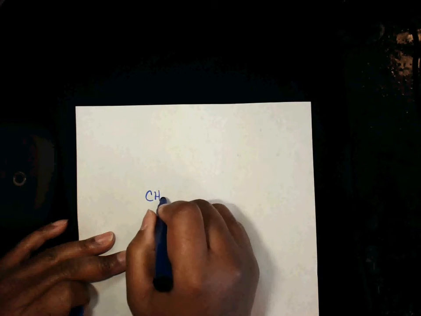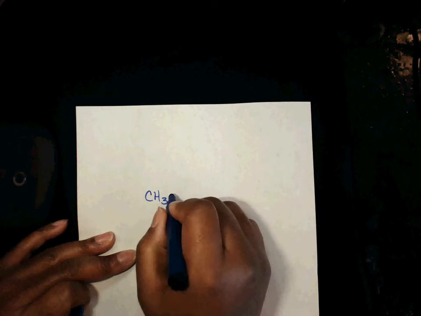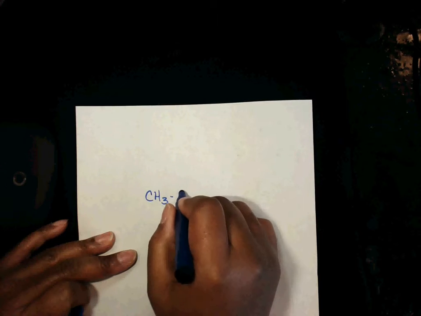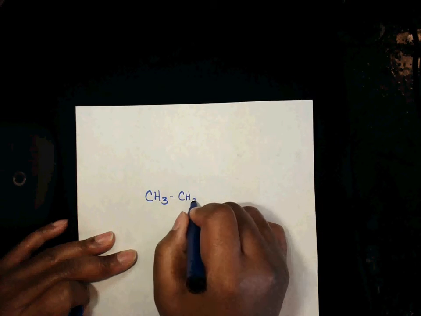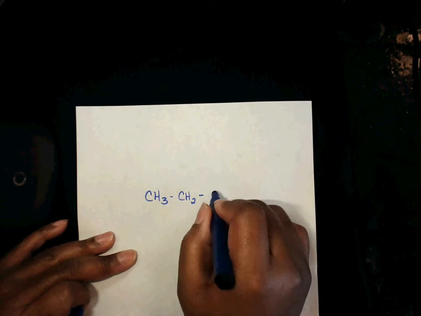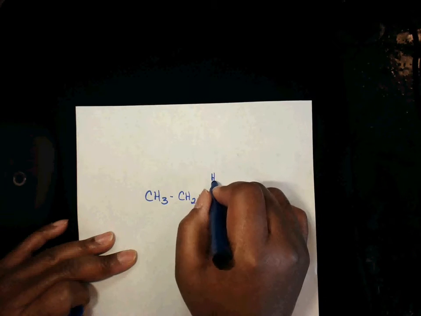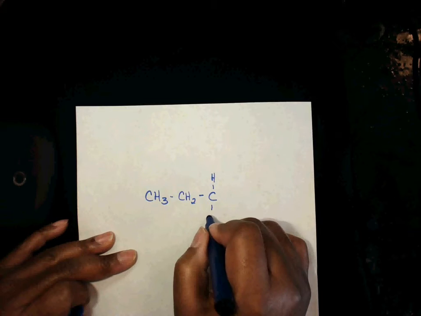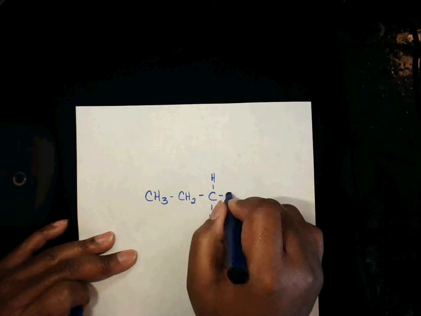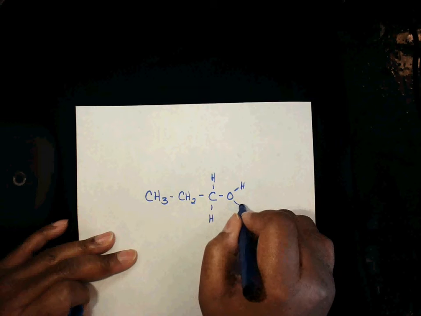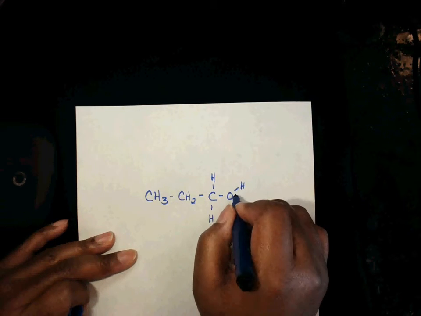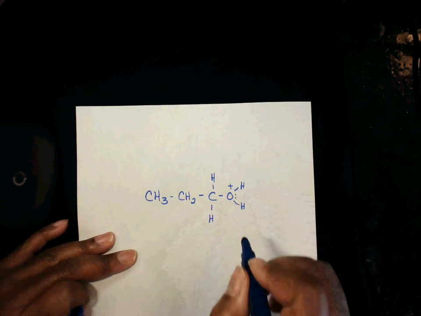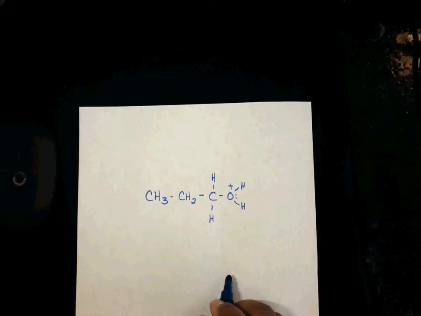So I'm going to take the same n-propanol, and we know it's already been protonated, so I'm not going to go through the bit with the sulfuric acid. I just want to show you the protonated alcohol again. Now, here's the catch.